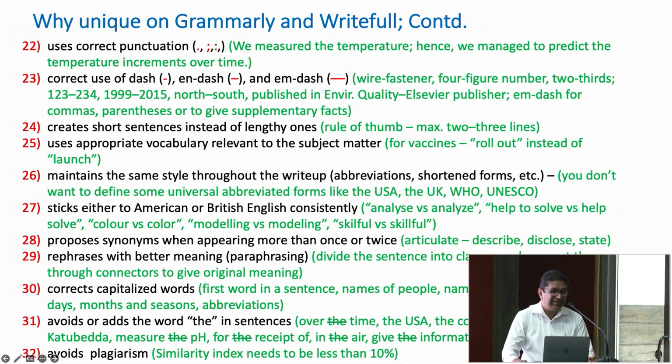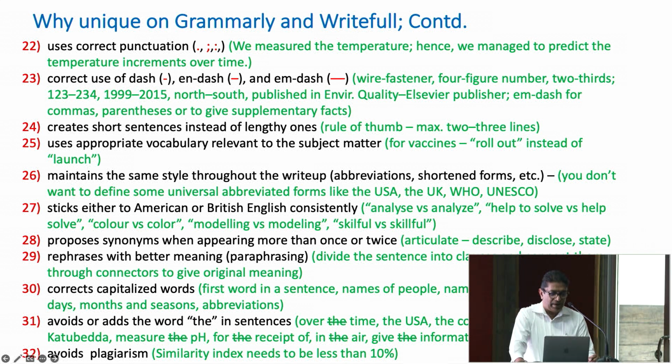No, I'm in the USA. And then the UK. But when it comes to WHO, you never say we work in the WHO. So with WHO, UNESCO, the word the does not connect to them. But when it comes to the USA, the UK, the Netherlands, never say Netherlands, say the Netherlands. So that's how you do it.